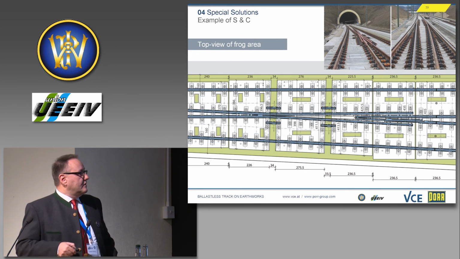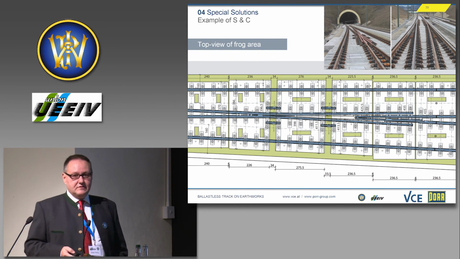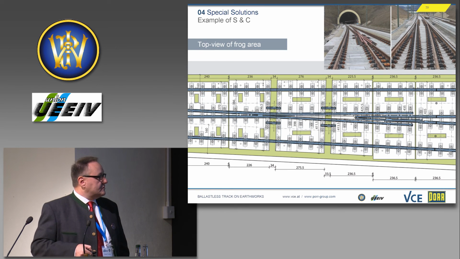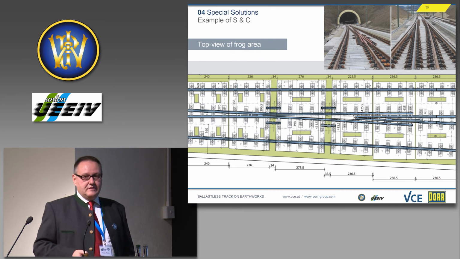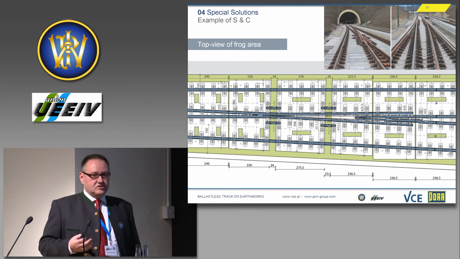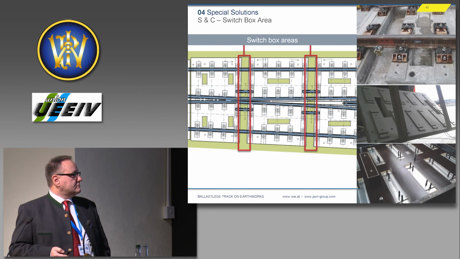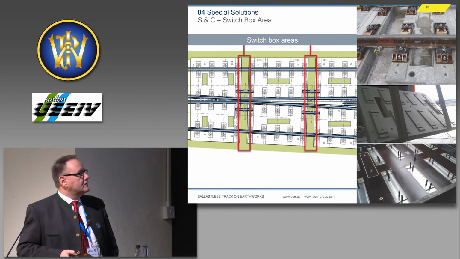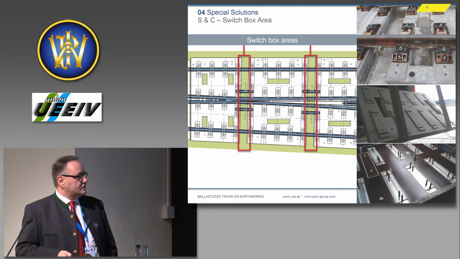We have the openings for the point machines and all this equipment on the turnouts, and the positions of the rail fasteners always differ from one slab to another. So a special mold was also developed which allows producing such slabs in an economic way. You see some pictures here. This is the installation in Germany, and you see some pictures out of the production.